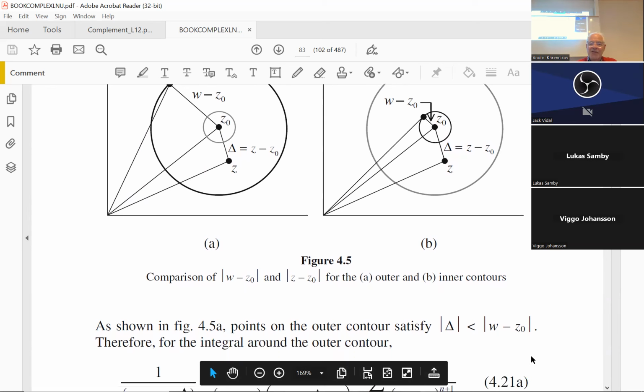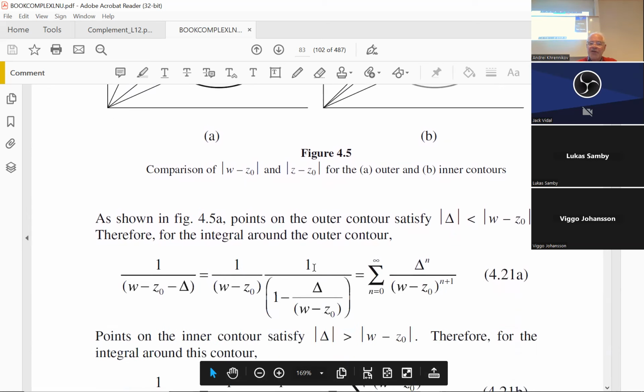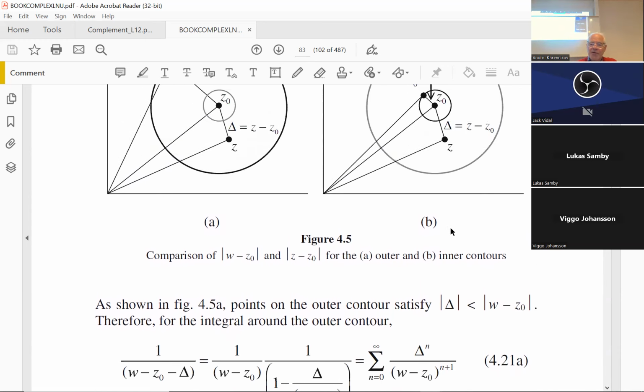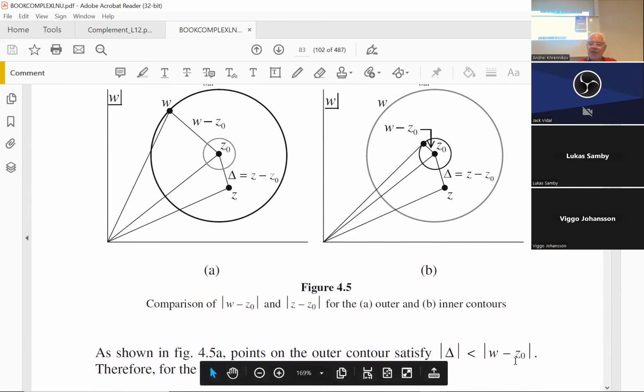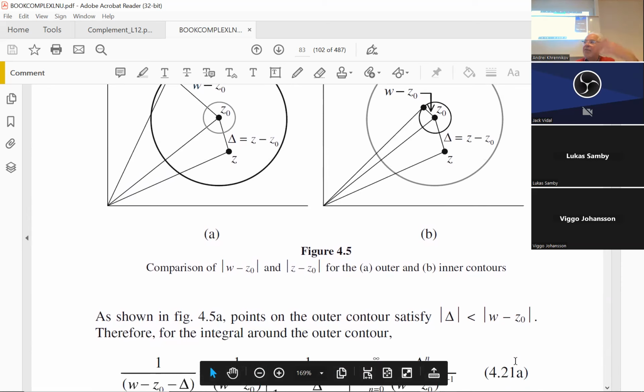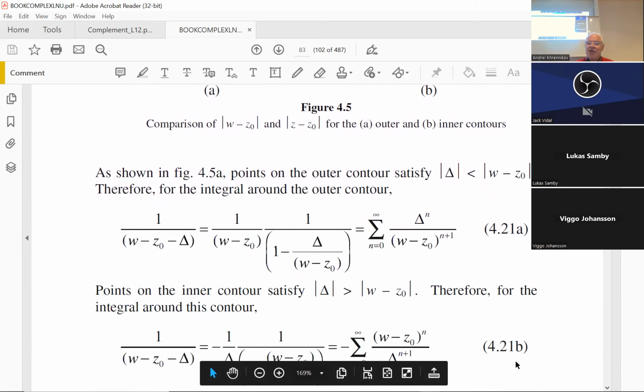Here we can expand in this way. If delta is less than W minus Z0, we again want to apply the geometric progression. So we want it to converge, so this should be less than 1.